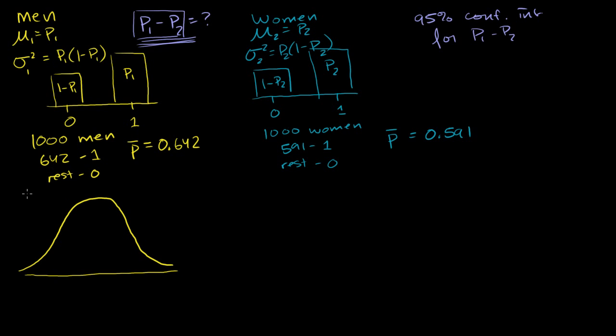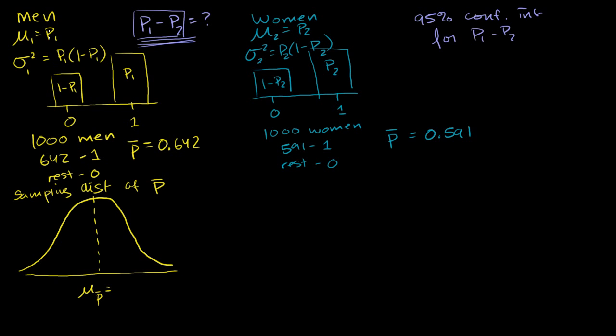So this is the sampling distribution of the sample proportion. It's going to have some mean over here. And we've seen it multiple times, the mean of the sampling distribution of the sample proportion is going to be the same thing as the mean of the population.